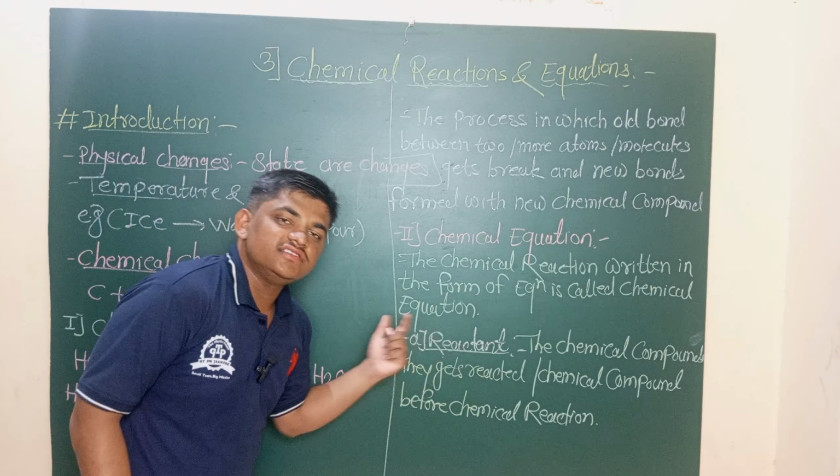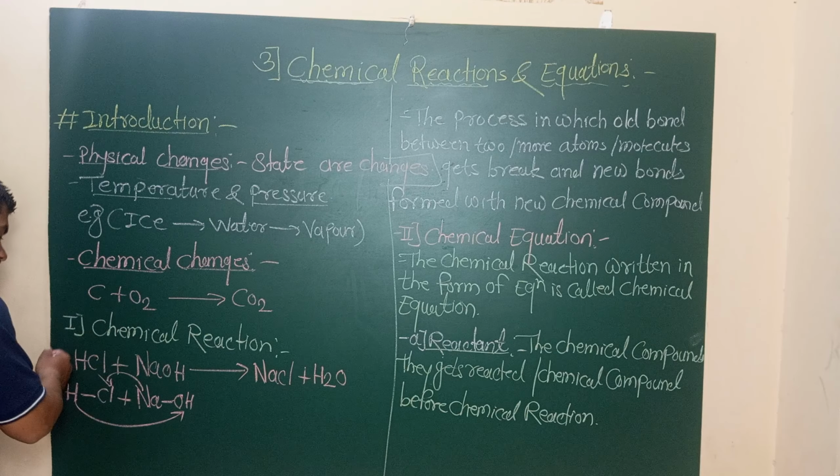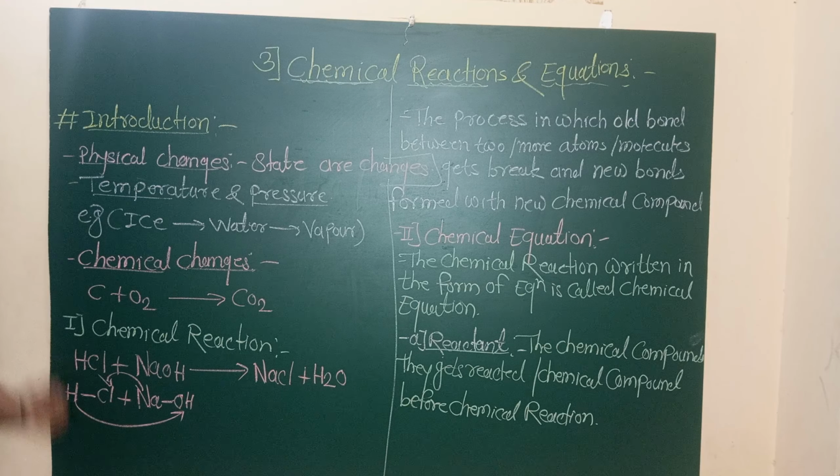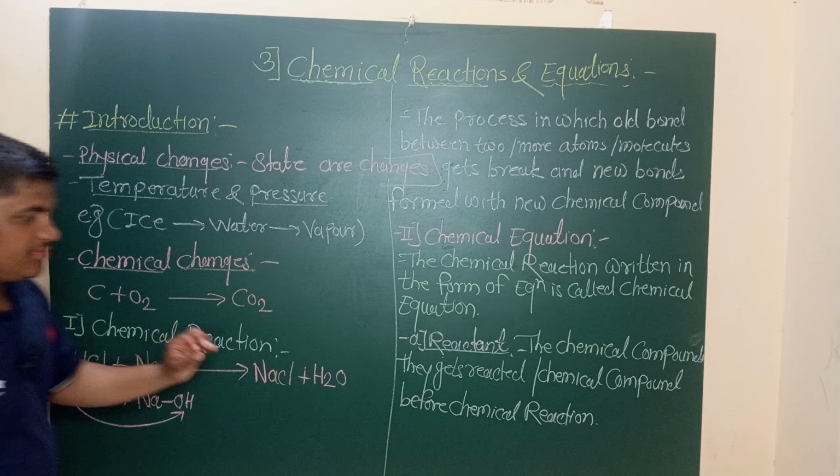And the reactants are always written on the left hand side of the chemical equation. The reactants must be written on the left hand side of the chemical equation.